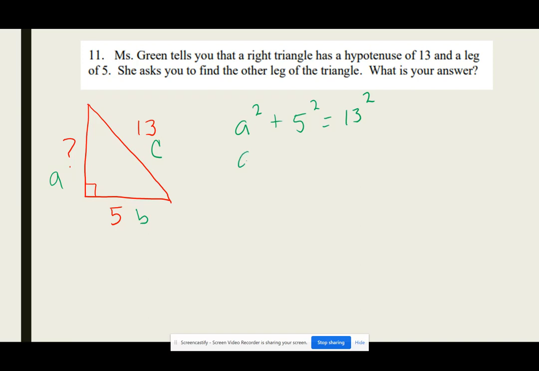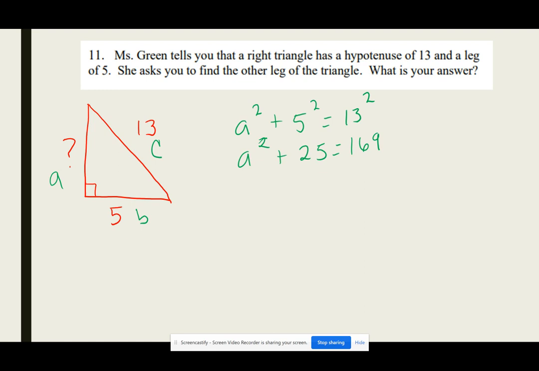Okay. A squared, I still don't know. 5 squared is 25. And 13 squared is 169. Okay.